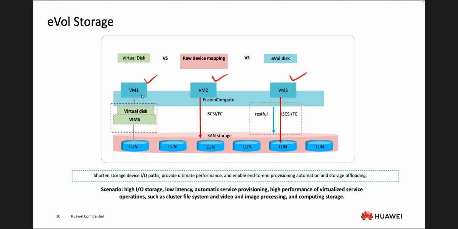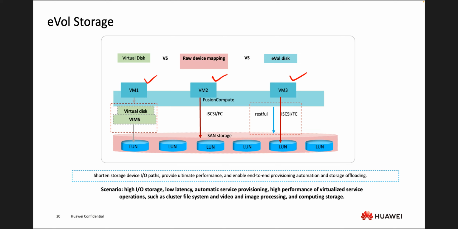With VM1, you have a virtual disk and the VIMs connecting to that LUN, which gets access to the storage pool. That creates the whole virtualization of the virtual disk of that VM, and the virtual disk space gets stored on the LUN.